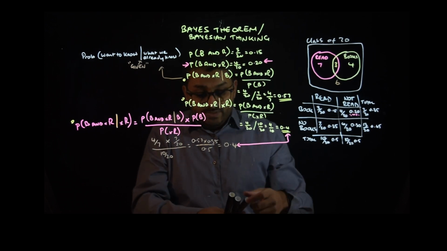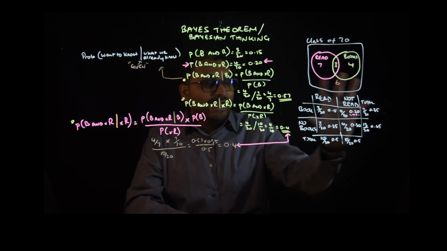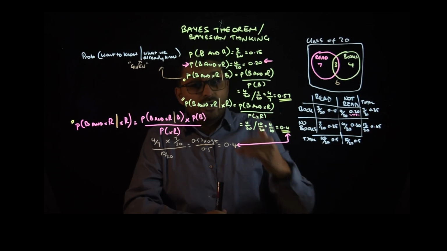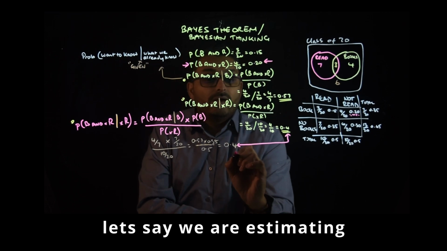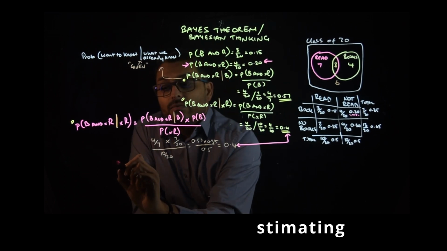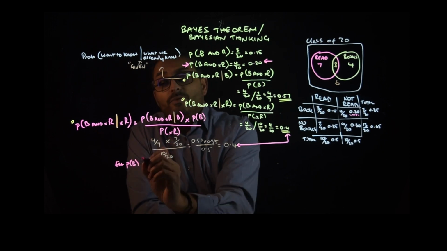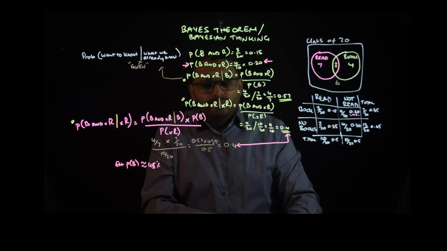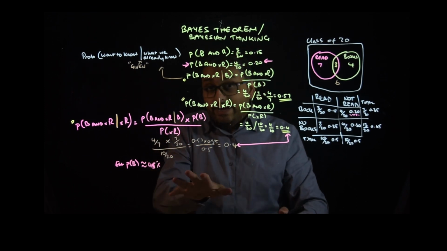So let's say before we had the value of a student owning a book as 0.35, but let's say we don't have that. Let's say we estimate the probability of a book to be 45%. Now what? We know the other probabilities, they're unchanged.